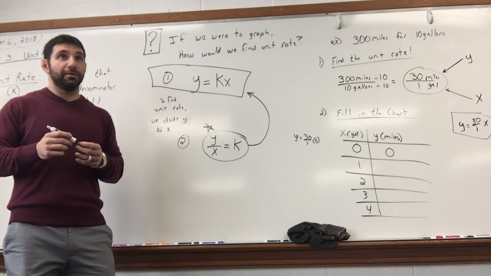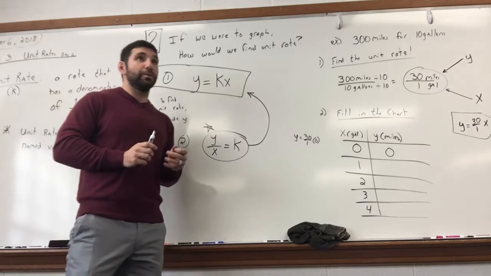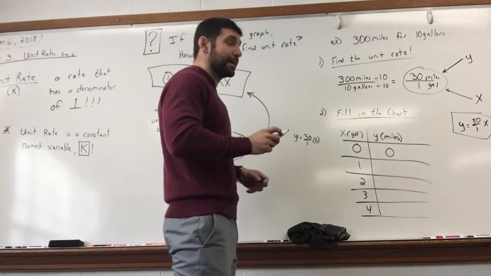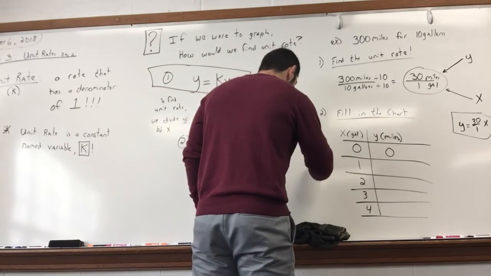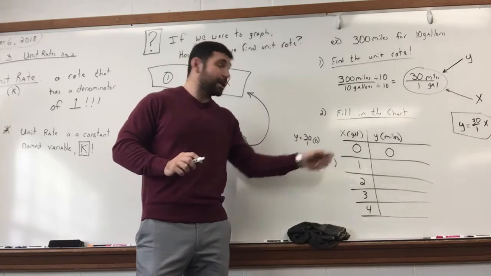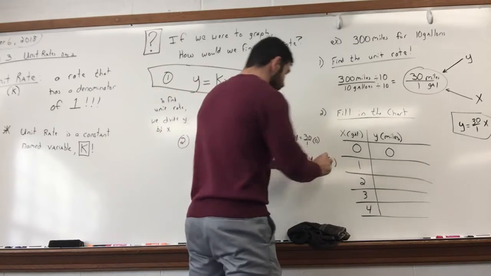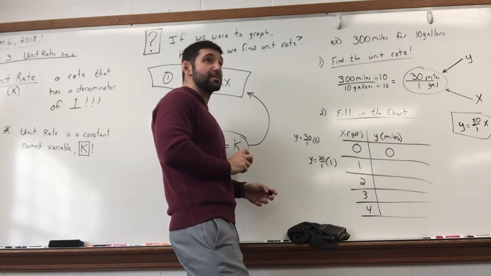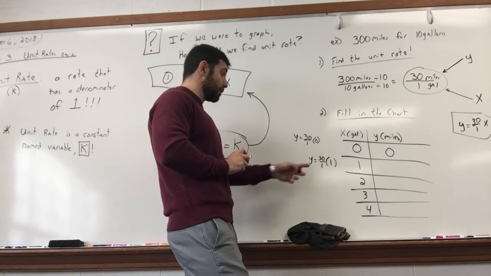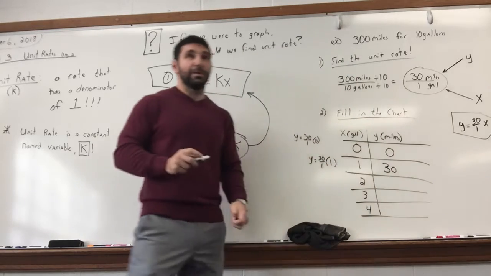We're solving for what value? Equation 1. We'll be sticking with this equation to find y. So I'm going to say y equals 30 over 1 times, what's my new x value if we're trying to find 1? 1. So I'm going to do 1 times 30 over 1, which is 30. So y equals 30 miles.